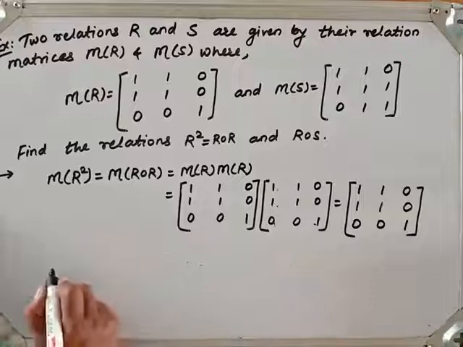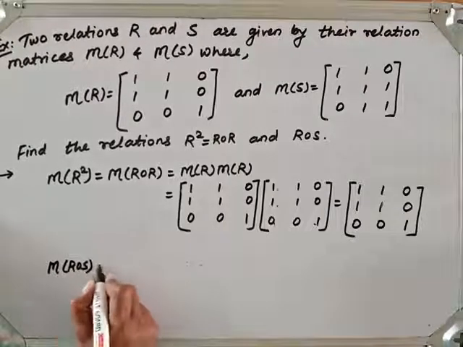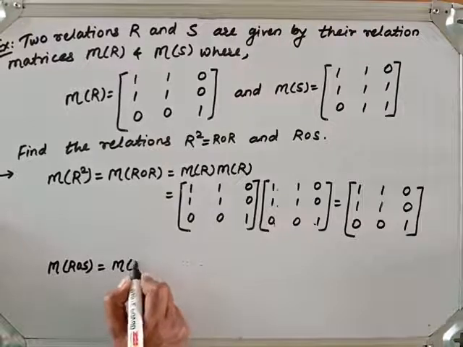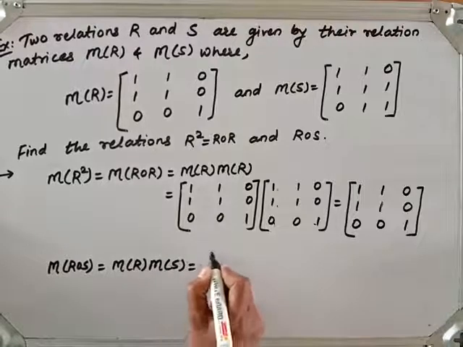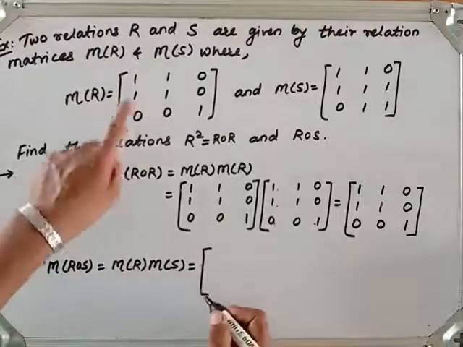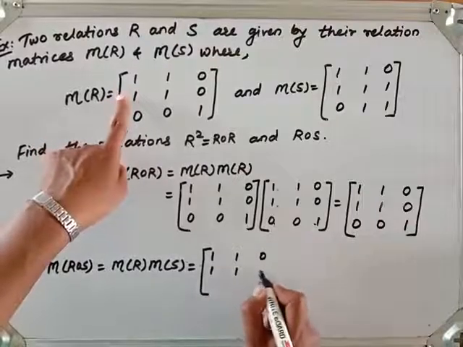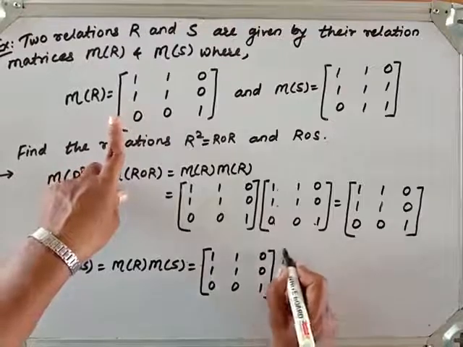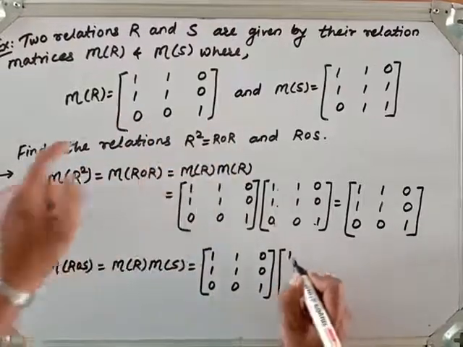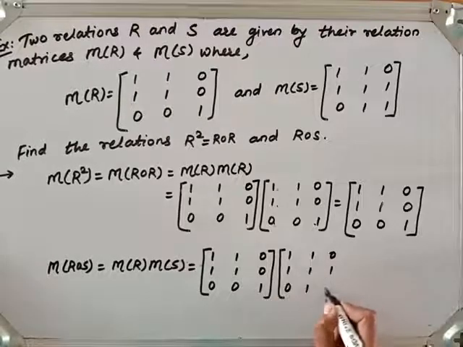Now let us write the matrix representation for R composite S. It will be the matrix for R multiplied by the matrix for S. So the matrix for R is 1 1 0, 1 1 0, 0 0 1, and the matrix for S is 1 1 0, 1 1 1, 0 1 1.